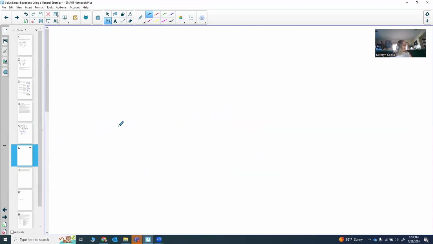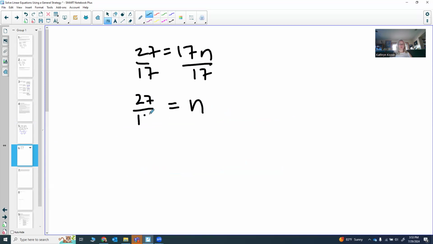Step 4 is you want n by itself, so you want the number in front of n to be a 1. Dividing 17n by 17 will make it into a 1. So divide both sides by 17. So n is equal to 27 over 17.